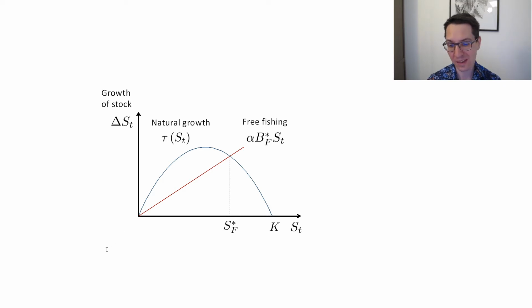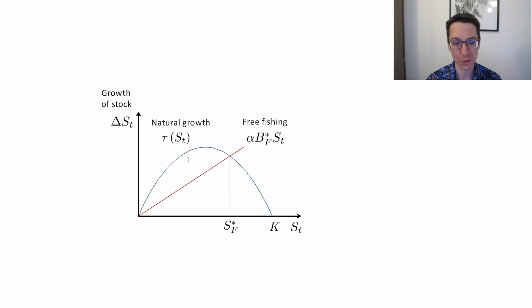And then what is my steady state equilibrium? Well, it used to be K here, but now it's the equilibrium in which the natural growth, tau of S_t, is equal to the catches. So every period there would be an increase in the stock of fish, but at the steady state, this natural increase is exactly the number of fish caught by fishermen, such that the stock doesn't change.